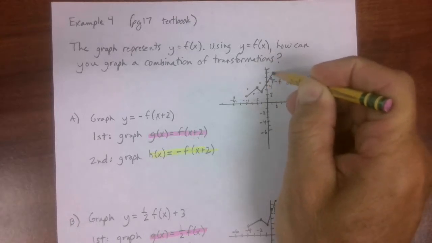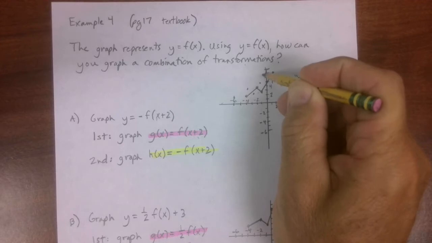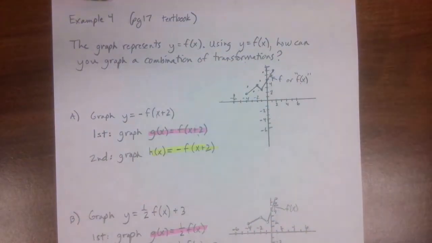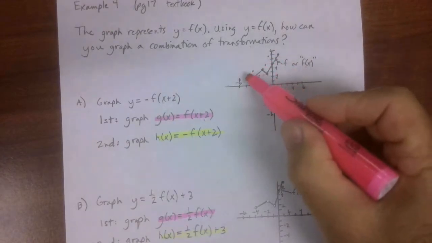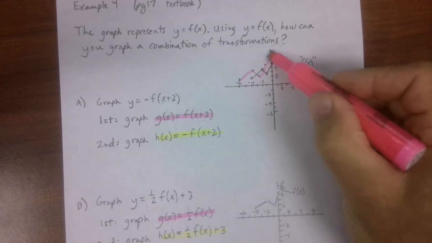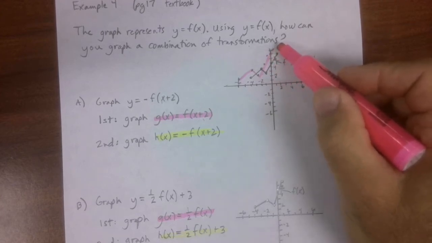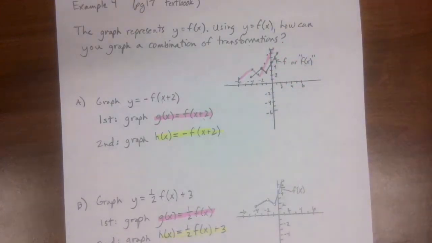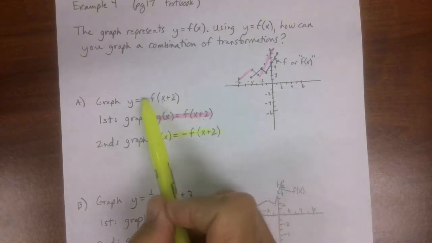And this moves left 2. So I'm going to try to keep track of those dots and just draw the same thing. Everything has just been moved left 2. As you can see, my drawing's not perfect. But we're not done.